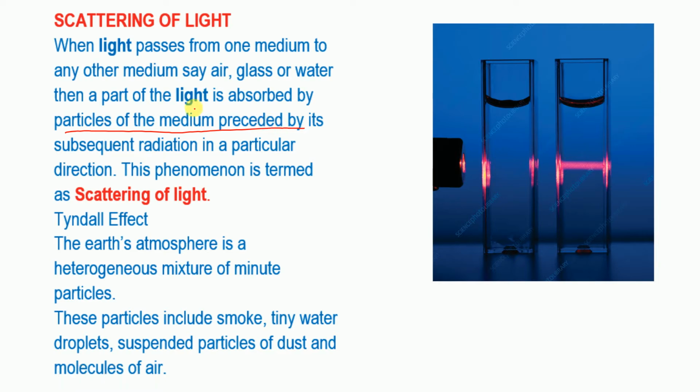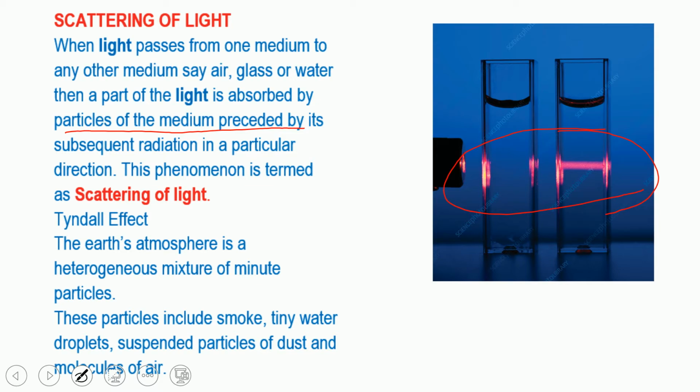You may have studied this last year: when light passes through a clear solution and through a solution having some colloidal particles. What are colloidal particles? Some minute particles are called colloidal particles. So take pure water and salt water.